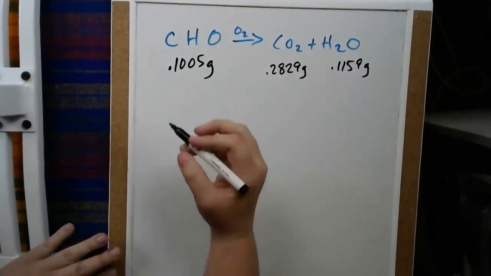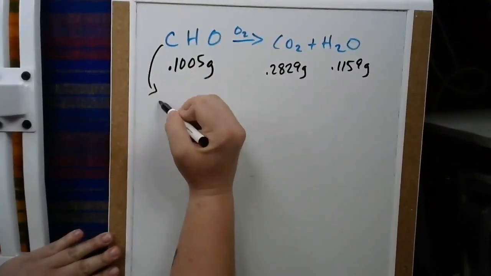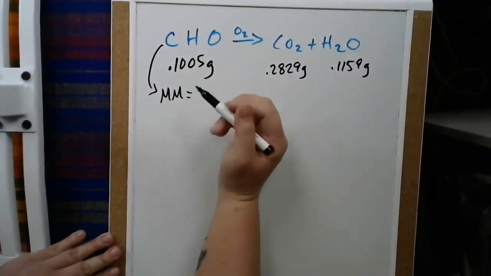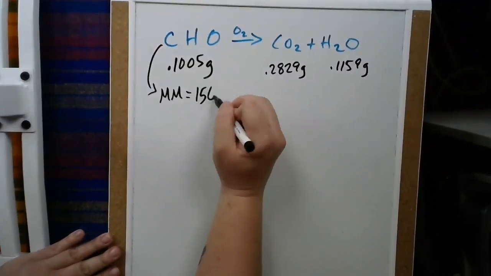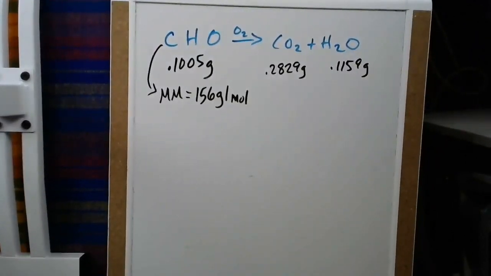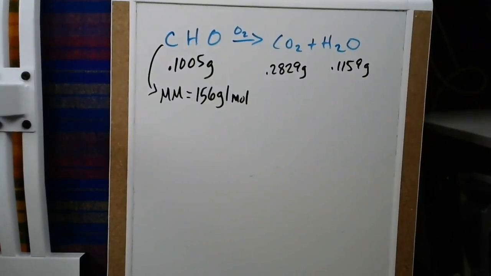Okay, and we're also told that the molar mass of this thing is 156 grams per mole. Okay, so that's the information that we're given, and we want to know two things: what the empirical formula is and what the molecular formula is. Right? We have to answer both of those questions.